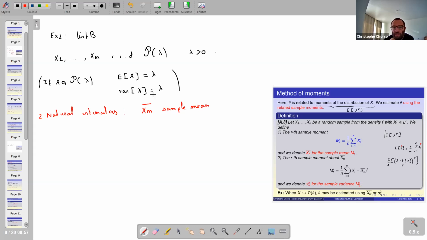And I can approximate it by the one that I will use in general for the variance, that is the corrected sample variance.